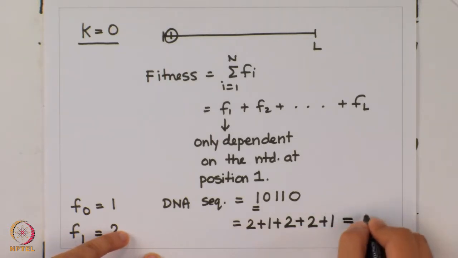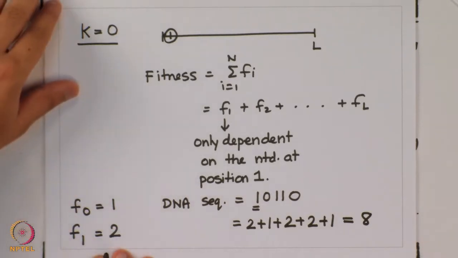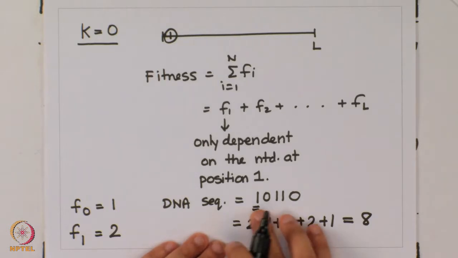So, the fitness of this DNA sequence will be 8 in an NK model with these fitness contributions and with k equal to 0.